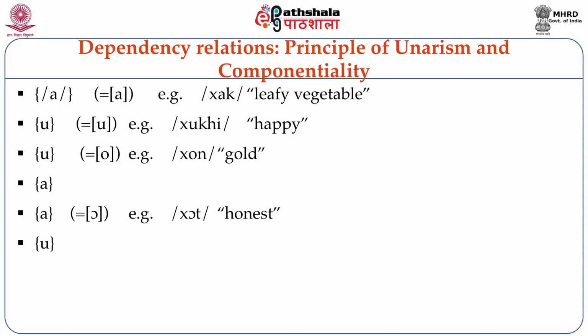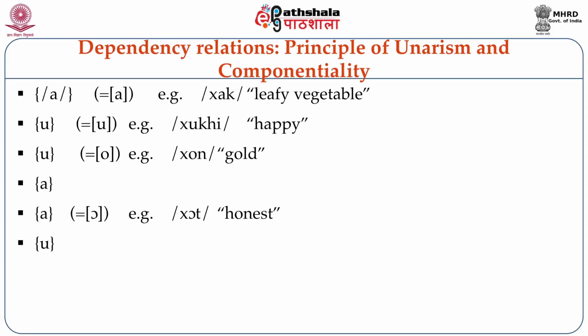So if palatality dominates lowness, we get one vowel, and if A dominates I, that is lowness dominates palatality, we get another. So this one is closer to I, and that one is closer to A. If you see the tongue movement, the position of your tongue, when you produce these, it is closer to one, and when you produce the others, it is closer to the other.